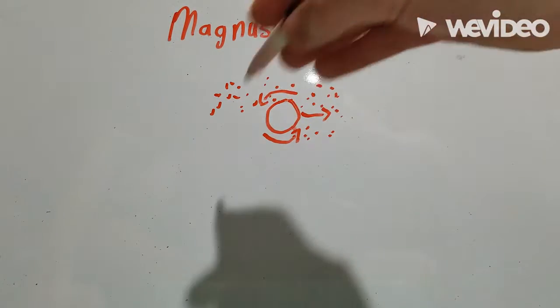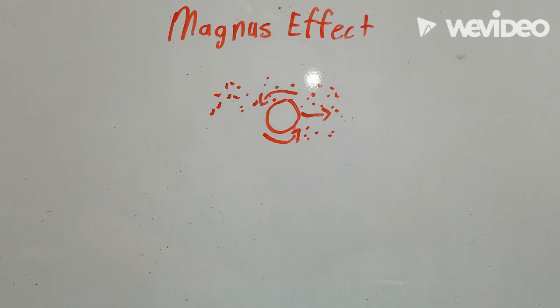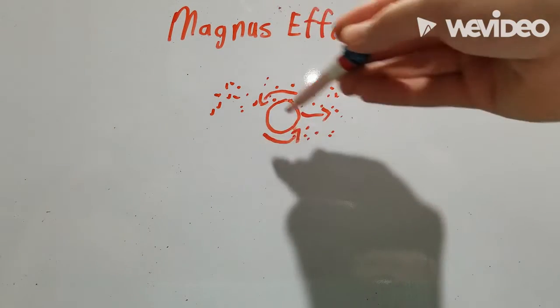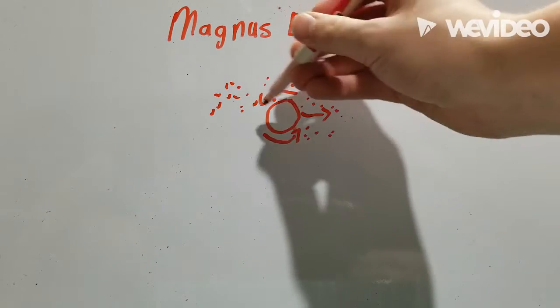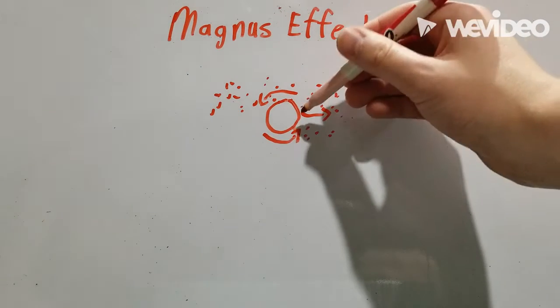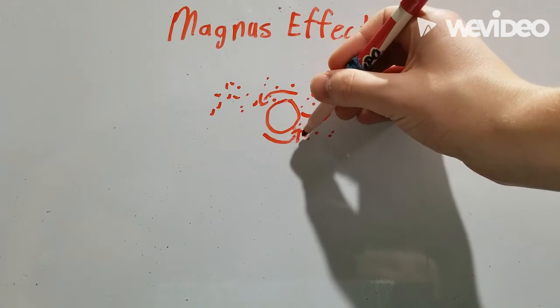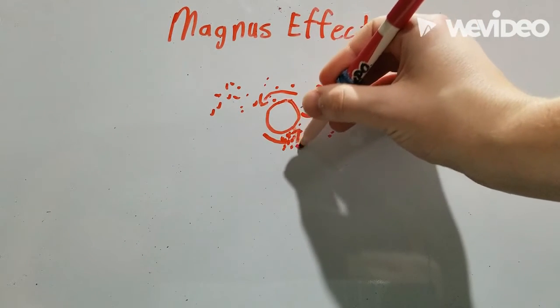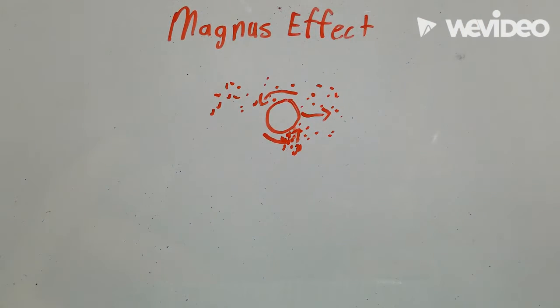But on the flip side, going through here, this air gets slowed down because of the ball spinning backwards like this. It gets pushed out of the way, and this is like trying to run up an escalator moving in the wrong direction.